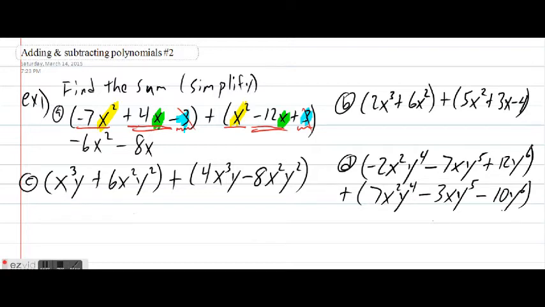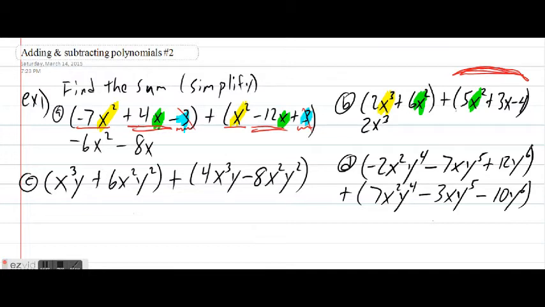So part B, I see x to the third. As I look at this trinomial over here, I'm not seeing any x to the thirds, so I have 2x to the third by itself. Now, x squared and an x squared. We're just adding the numbers in front, the coefficients.